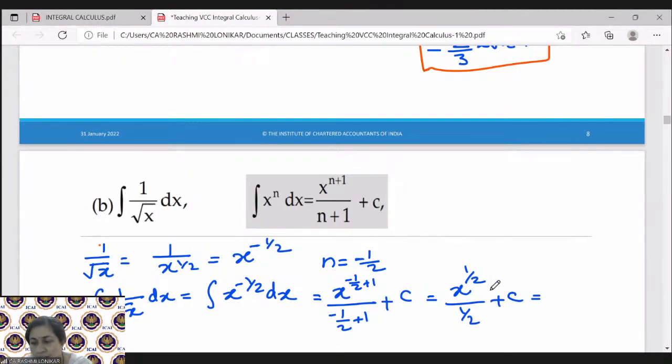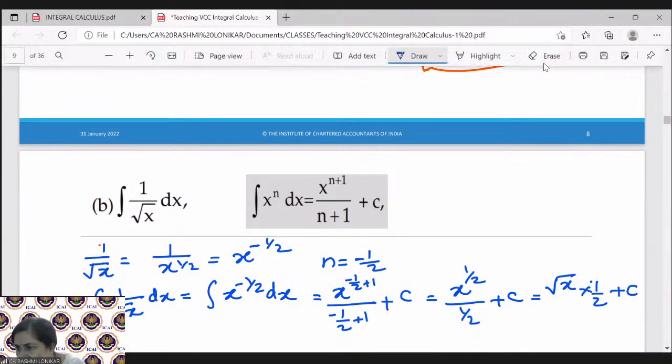Now this can be written as what? Root of x. And the fraction in the denominator will be flipped, so it will become 2 upon 1.